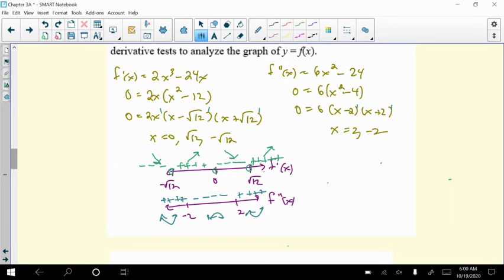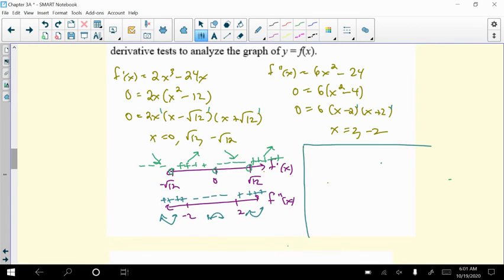Now these two sign charts really tell a lot, but that's not good enough on the AP exam. You have to do more than just show a sign chart. So you'd have to analyze and say, it's increasing on this interval because the first derivative is positive. It's decreasing in this interval because the first derivative is negative. But this is a great visual to see what's happening as I start analyzing this particular function.